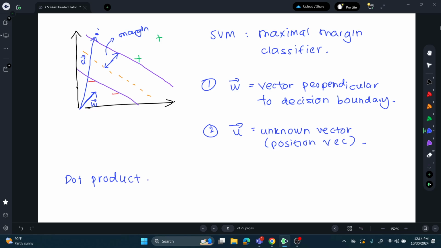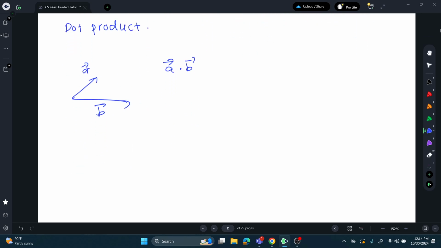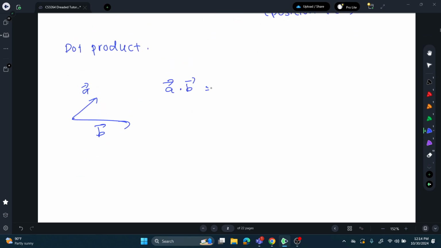Note that dot product is essentially, say for example, this is my factor A, this is my factor B. If I do A dot B, or maybe I do something shorter here. So if my A happens to be a bit shorter, let's say my A is like this. Then when I do A dot B, you know this from JC formulas, this is essentially the magnitude of A times the magnitude of B times the cosine of the angle between.